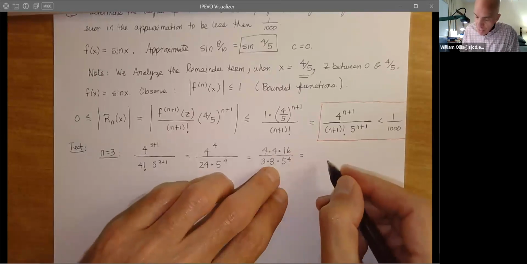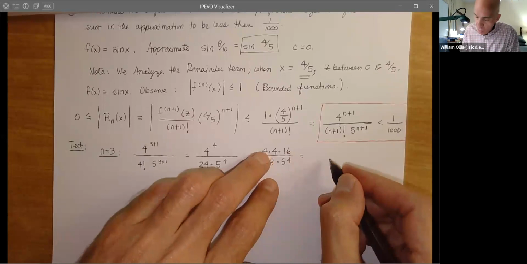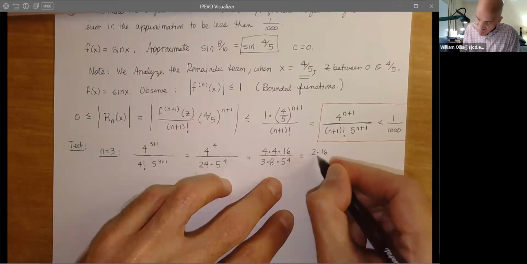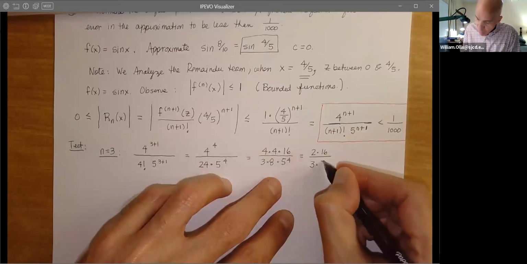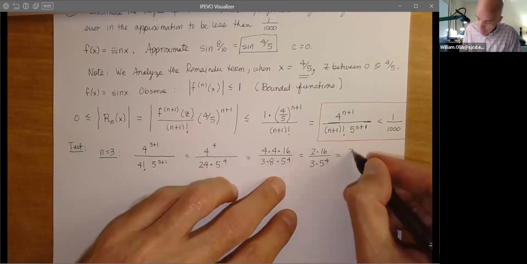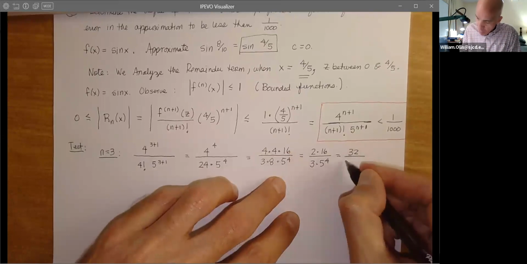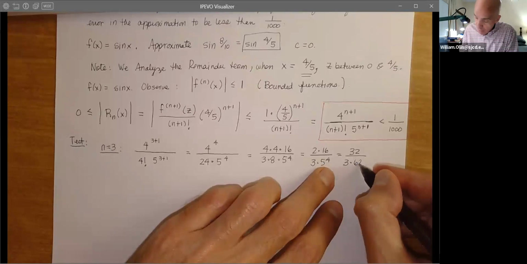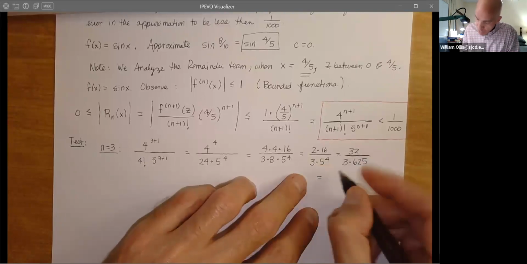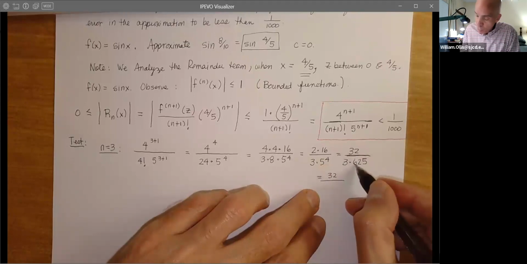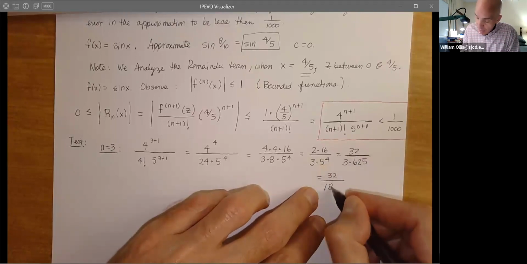We'll kill 8 out of here and be left with a 2. So this will be 2 times 16, and then 3 times 5 to the 4th. That gives us 32, and then we have 3 times 625, which is 1800 plus 75, so 1875.